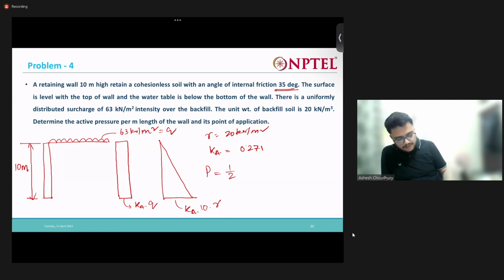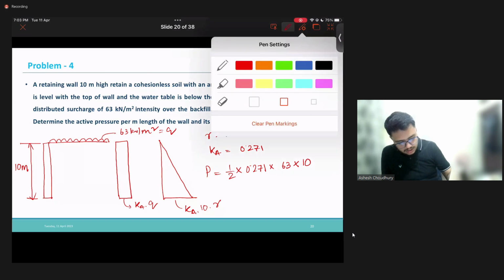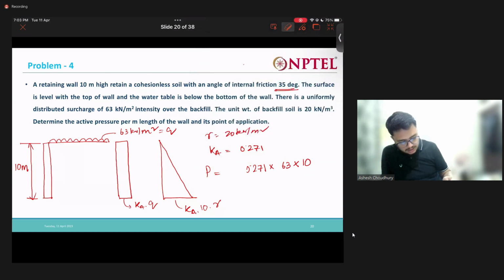So let us find out the total. It will be half into 0.271 into 63 into 10. Sorry, not half. Half won't be there. It's a rectangular area.